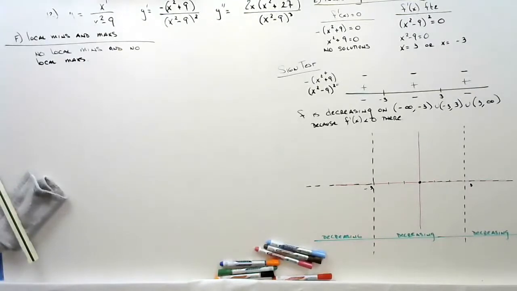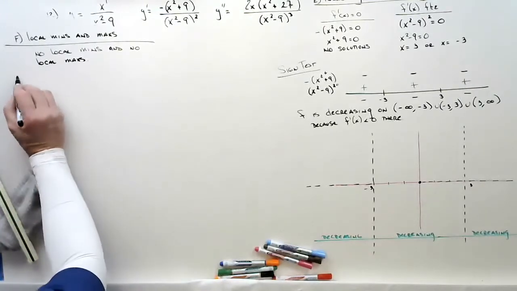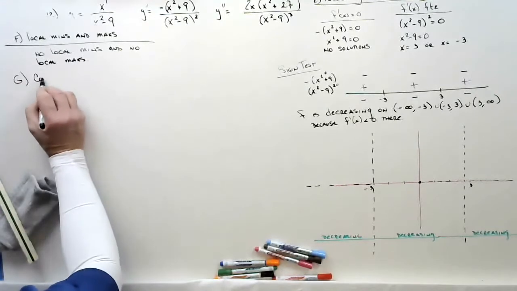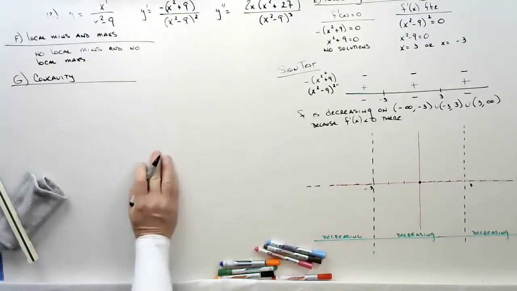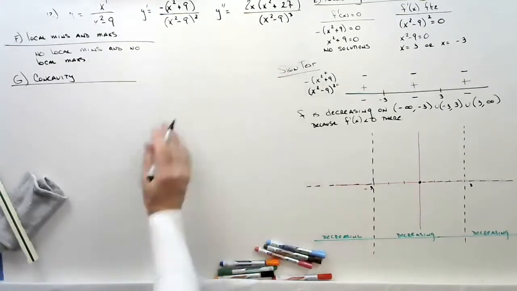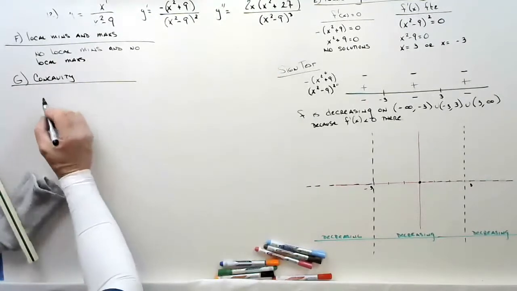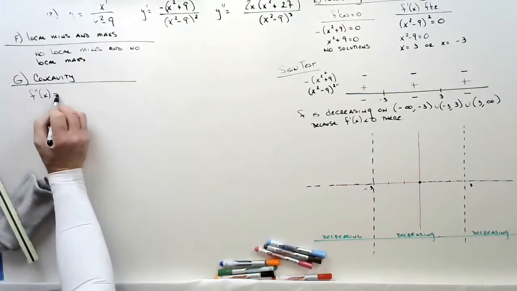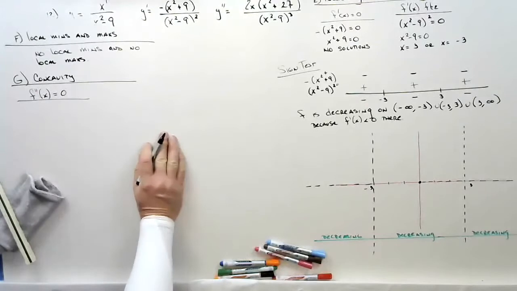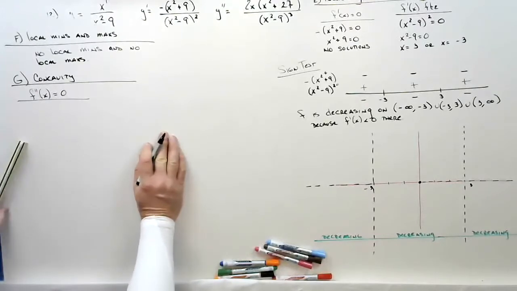Our next step from here is to do concavity. Now to do concavity, we take the second derivative and we set it equal to 0. That's going to equal 0 when the numerator is equal to 0.